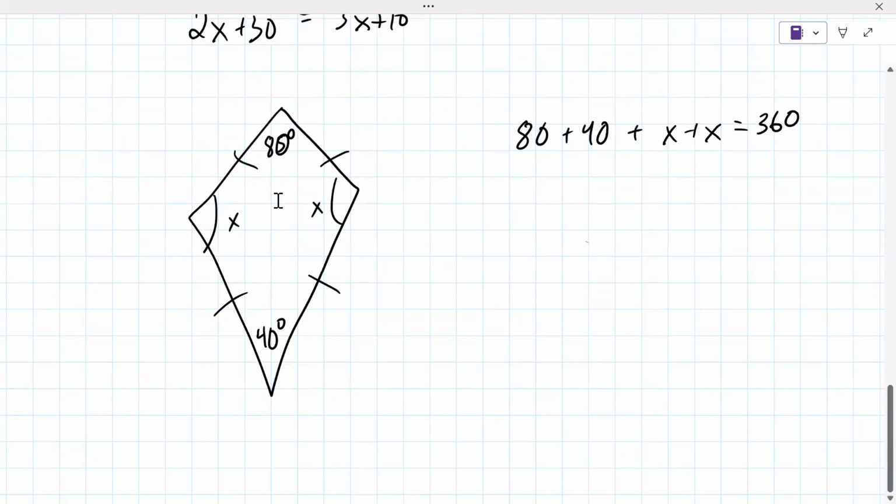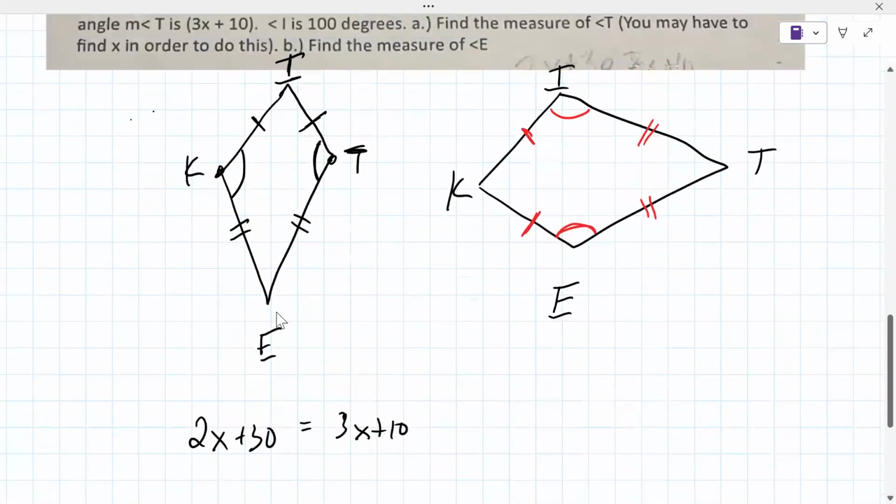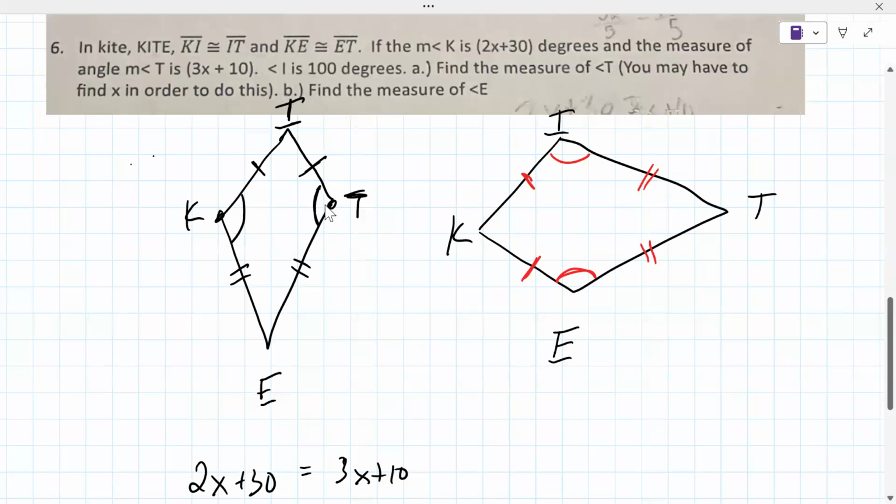We didn't really talk about a trapezoid, but that's a possibility. So for this one, K is congruent to T, so you have to solve for X. Let me know what you come up with. I got X equals 20.